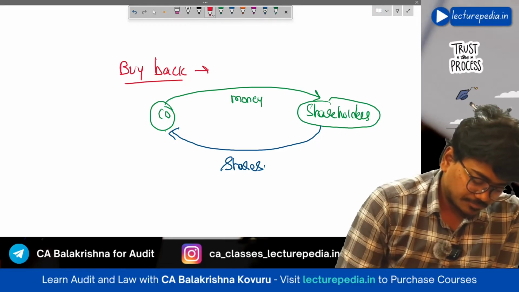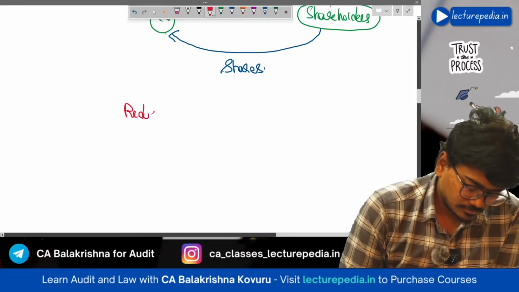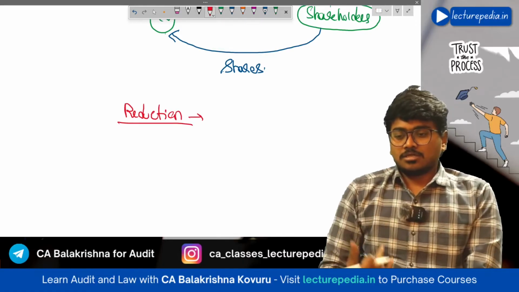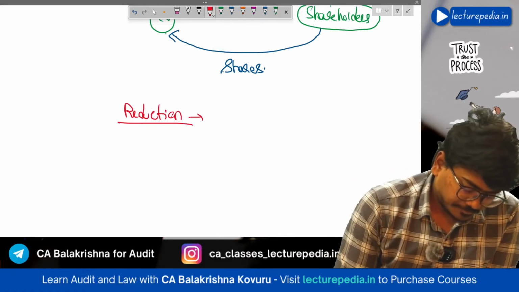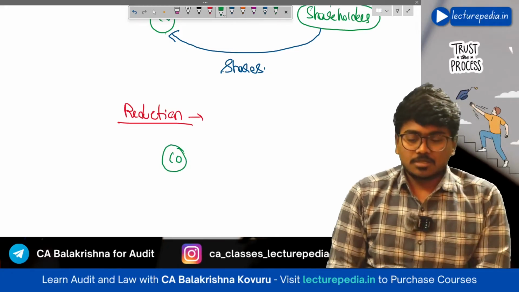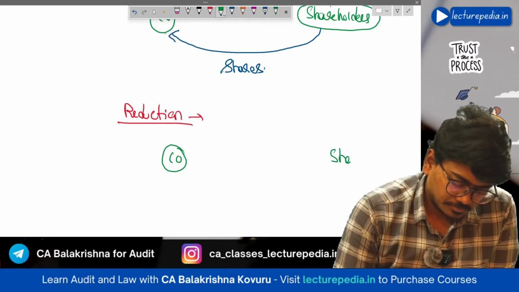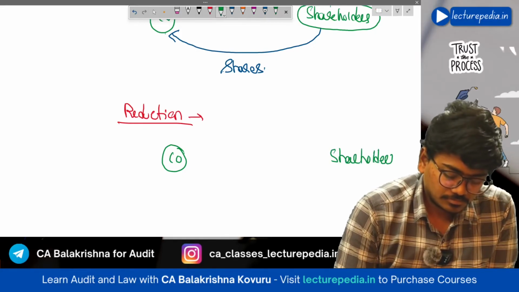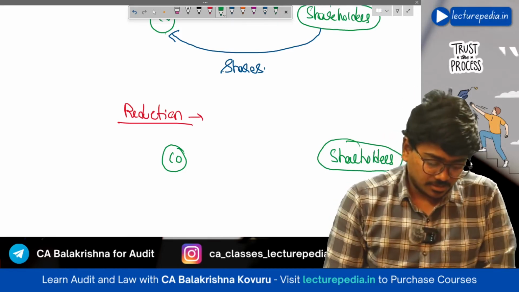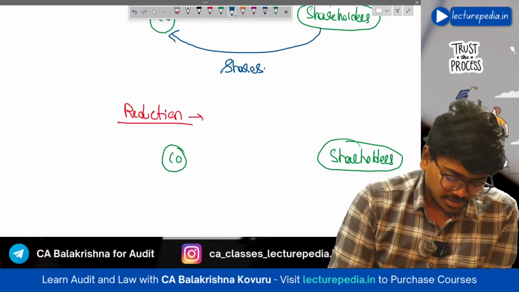Coming to reduction, now reduction can occur in some 2 situations. Let's say company, shareholders. Now, in case of reduction, there can be 2 possibilities.